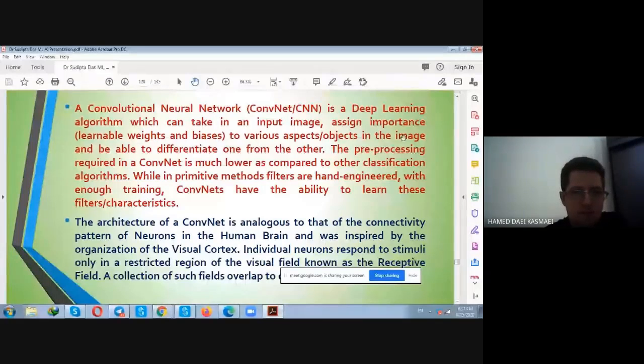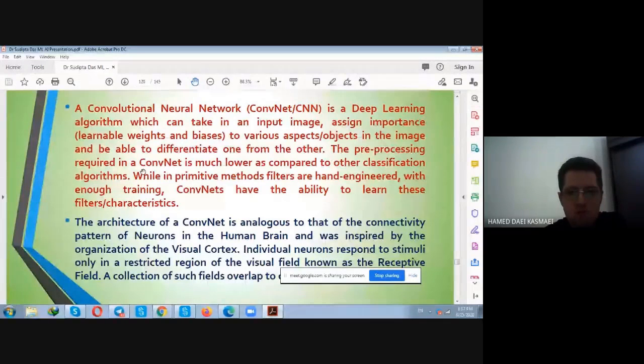A convolutional neural network is a deep learning algorithm which can take in an input image, assign importance, learning weights and biases to various aspects of objects in the image, and be able to differentiate one from the other.